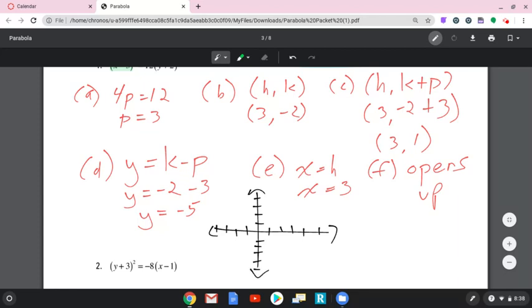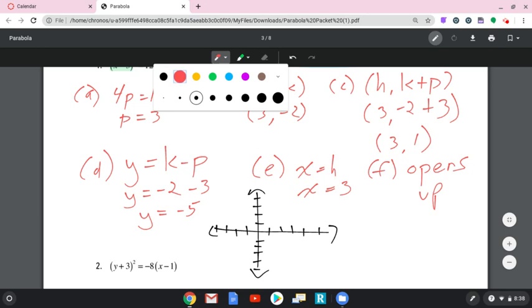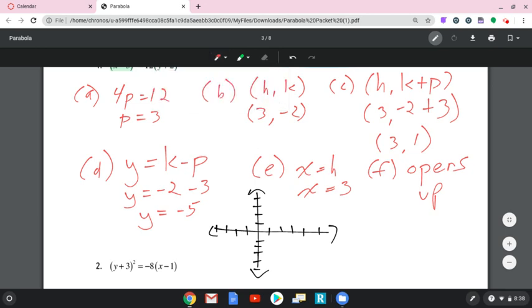So let's take a look. If I graph this, first thing I'm going to graph is 3, negative 2. That's going to be my vertex. All right. I go to 3, go right 3, down 2. That's my vertex. All right. Then in this case, they asked for my focus. My focus was 3, 1.